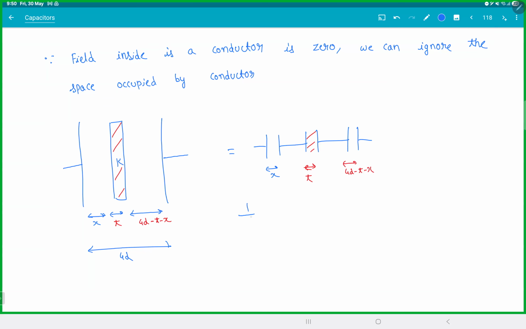All are in series, so 1 by C equivalent will be X by A epsilon plus T by A epsilon K plus (4D minus T minus X) by A epsilon. You'll notice X will cancel.